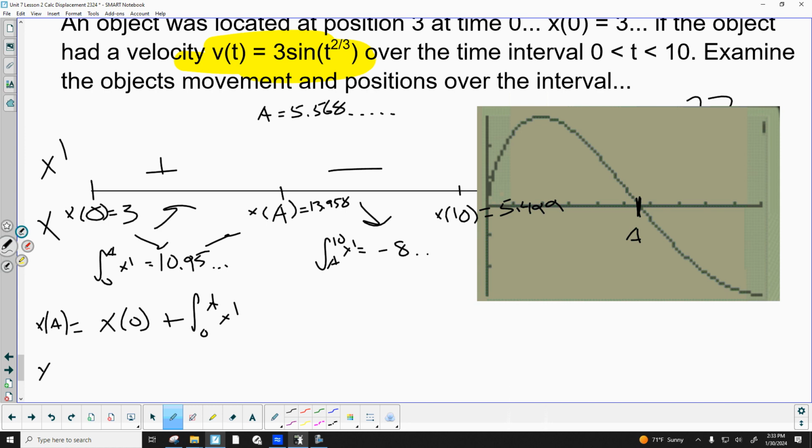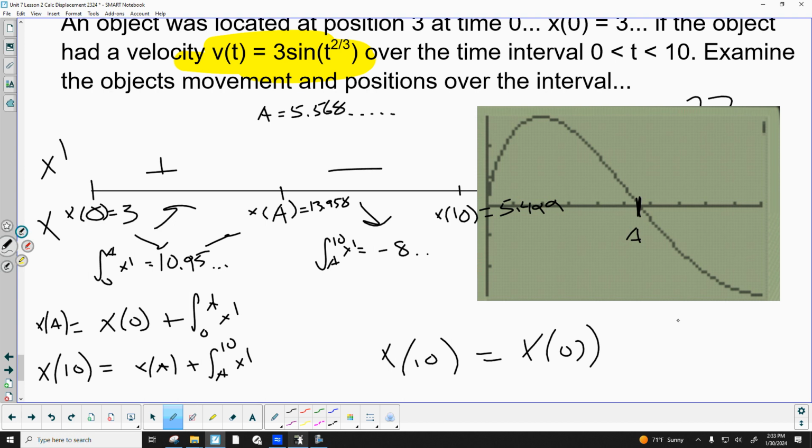The calculations we did: x of A is x of 0 plus the accumulation from 0 to A. We did x of 10 equals x of A plus A to 10, or x of 10 equals my starting position. Let your calculator do the entire accumulation of all of your velocities to figure out how we changed overall from 0 to 10.